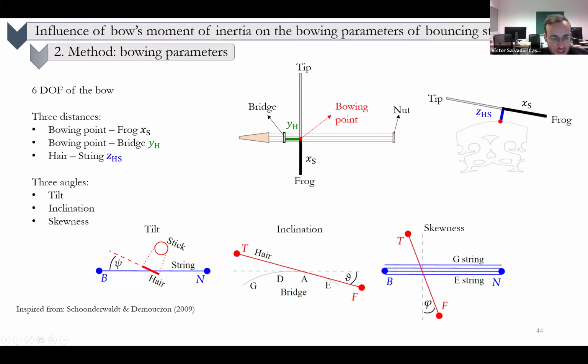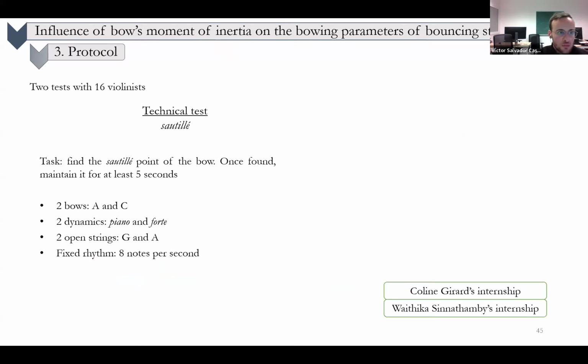with which we are bowing our instrument. So we performed two tests of these bouncing strokes with 16 violinists, mostly a different sample of participants from the previous one; I think there were two that had already done the previous test.